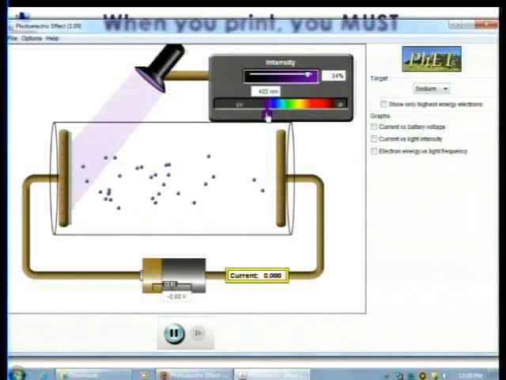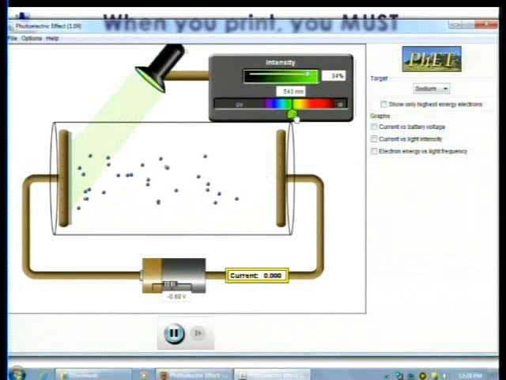Now, watch what happens if I change it down here. I'll turn off my battery. Doesn't matter. There's not enough energy to liberate them.